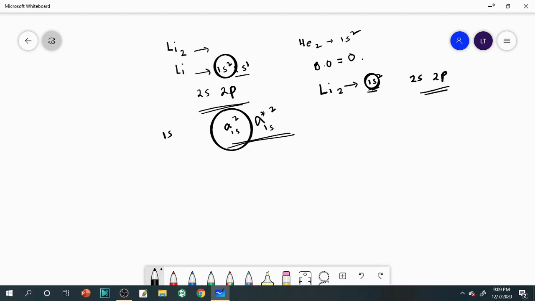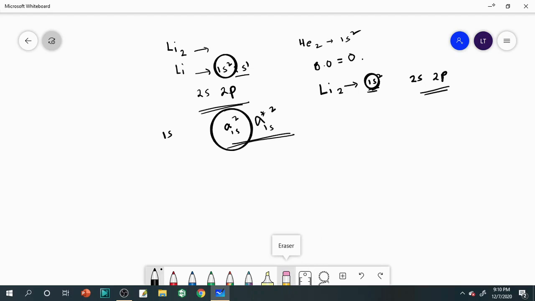We are discussing only diatomic species, so different diatomic species will be formed by the combination of the 2s and 2p orbitals in the case of lithium onwards molecules. So we will now consider only the formation of the different molecular orbitals from the 2s and 2p atomic orbitals, and we will ignore the 1s orbital.